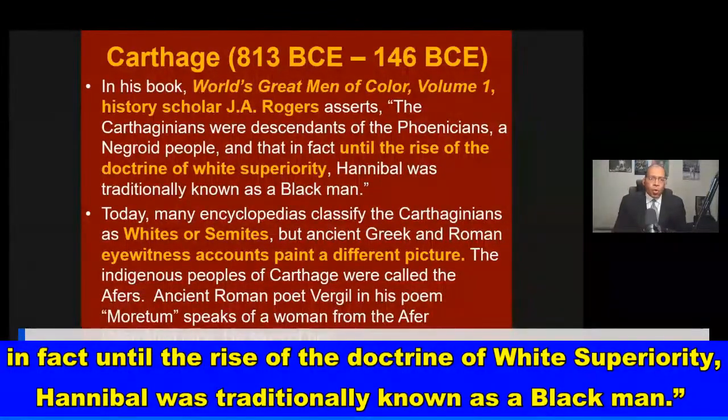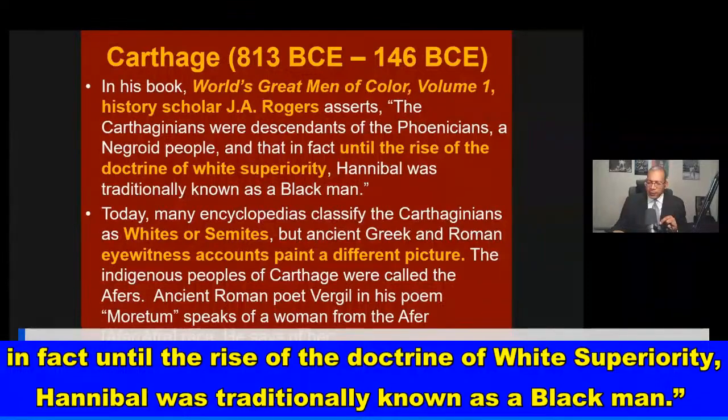Now, in his book World's Great Men of Color, Volume 1, history scholar J.A. Rogers asserts that the Carthaginians were descendants of the Phoenicians, a Negroid people, and that, in fact, until the rise of the doctrine of white superiority. Now, this is extremely important because on the History Channel in 2016, they had a series called Barbarians Rising, and I watched it.